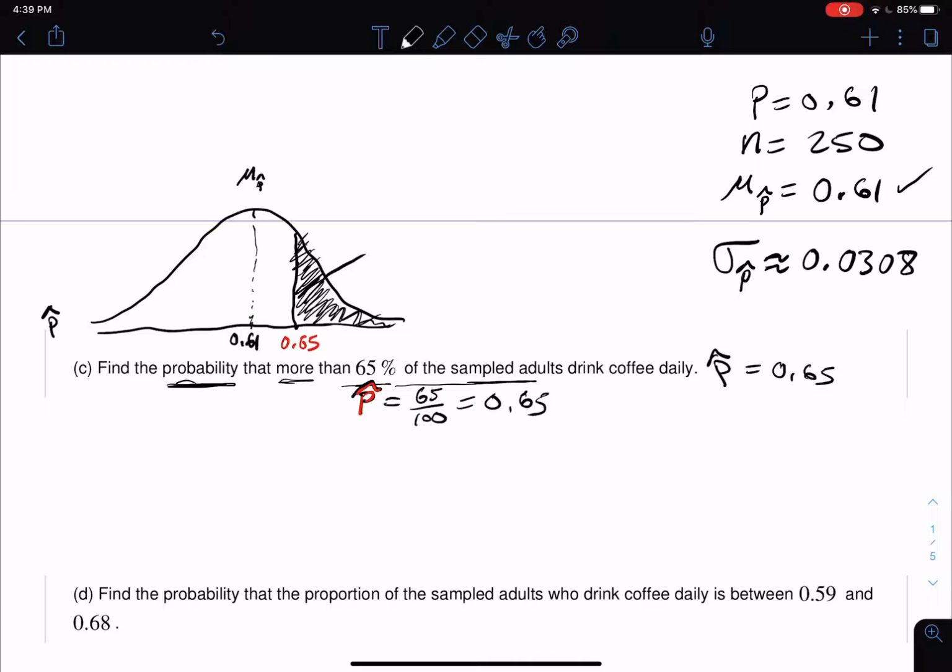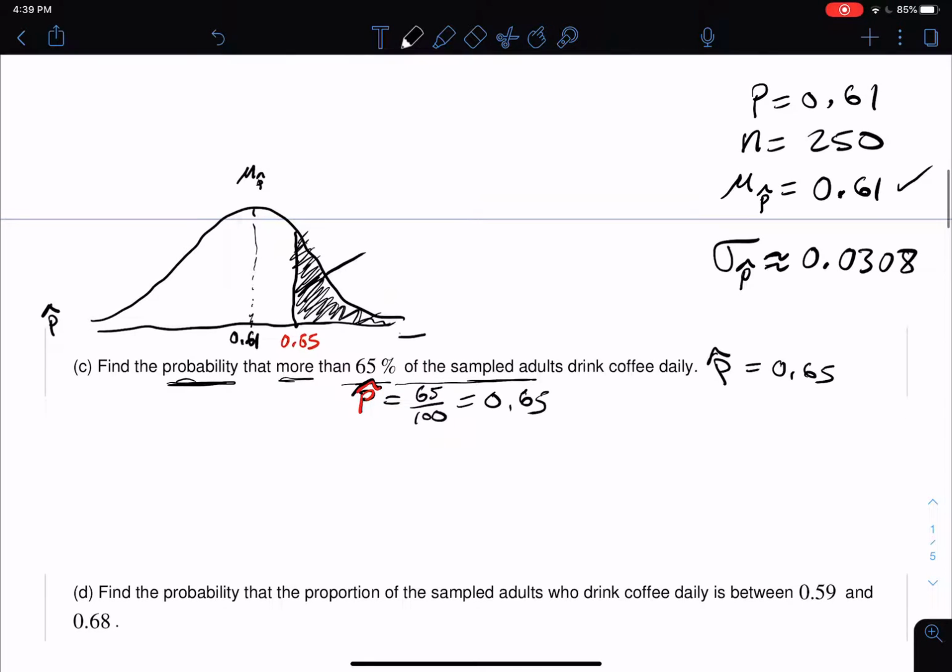Now the problem is I don't have any z tables that have 0.65 proportions in them. These are all p hats. Remember, everything labeled on this number line is proportions from a sample. I don't have any z table or any kind of table for that.